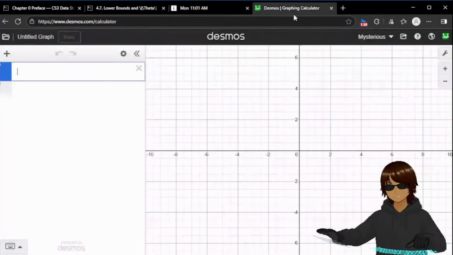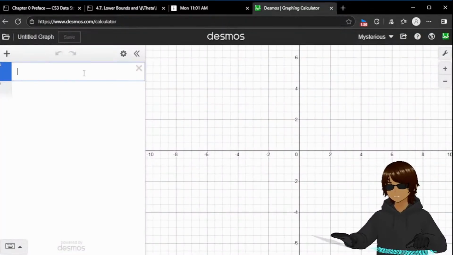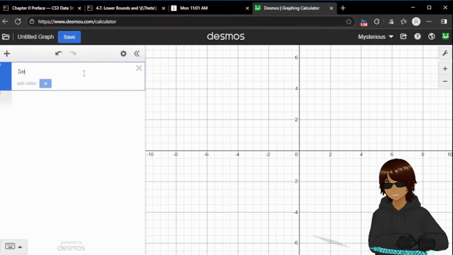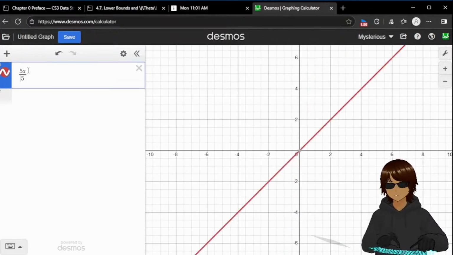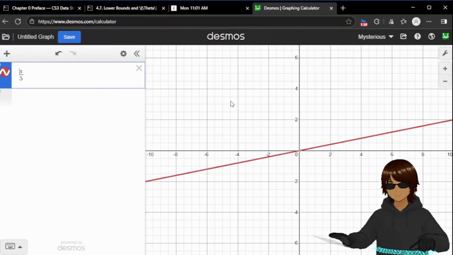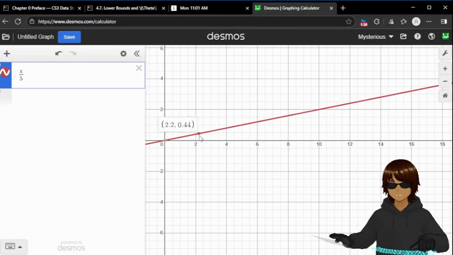Actually, it's better if I do it in Desmos. If T(n) is like 5n, or 5x, our running time grows like this with every input.